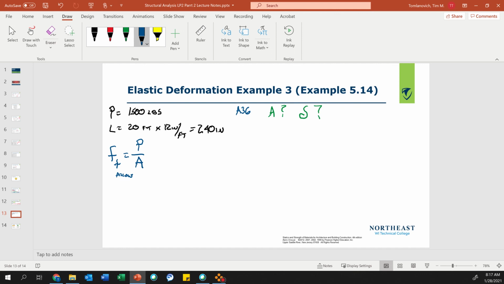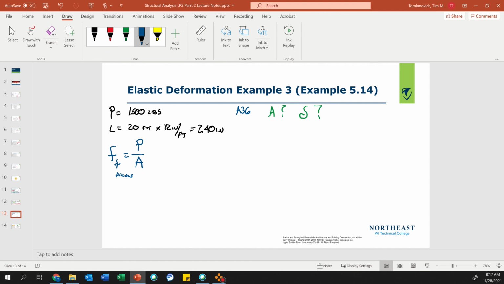So I apologize if I'm confusing you from before. I go to table 5.2 on page 278. Allowable tensile stress, FT, is 22 KSI. Because remember, we have to get in that factor of safety. We got to get back down in the elastic range. So 36 KSI is when it yields, but we need a factor of safety on that.